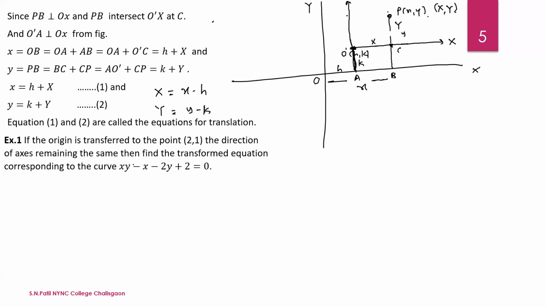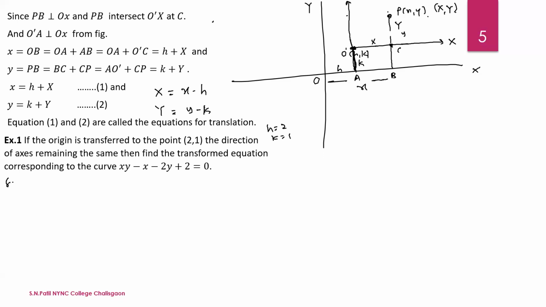Okay, the question is find the transformed equation corresponding to the curve, and the origin is transferred to the point 2, 1. It means h is 2 and k is 1.